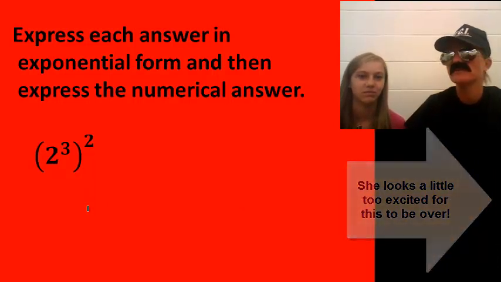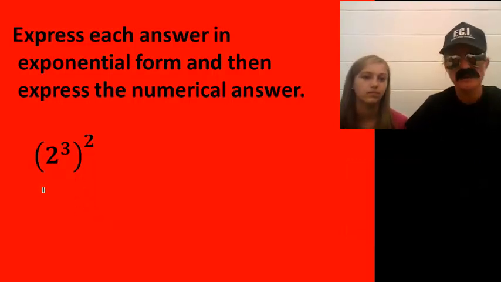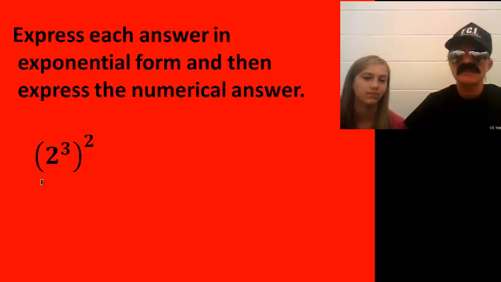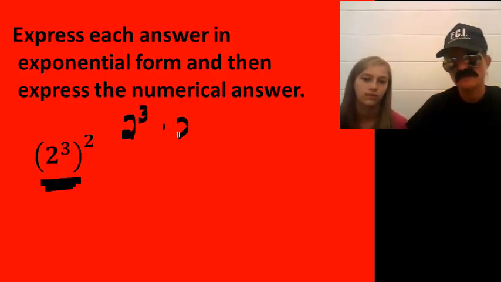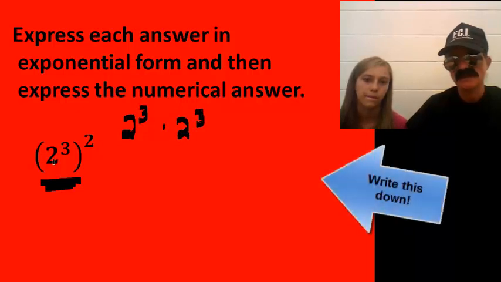This is a power to a power. First of all, this is a power, a base with an exponent. But then the other power is this whole thing is the base to this exponent. So that means I'm going to take 2 to the 3rd times 2 to the 3rd. I'm taking this quantity right here twice.